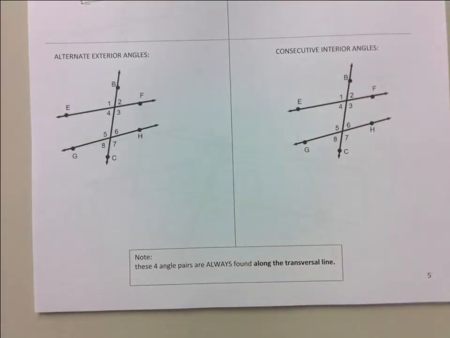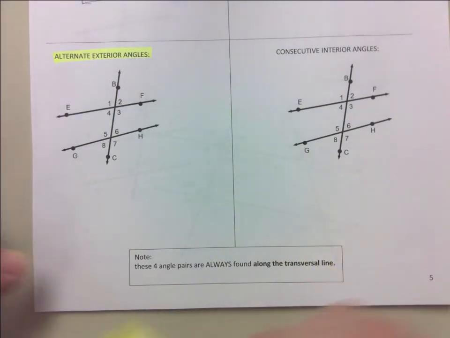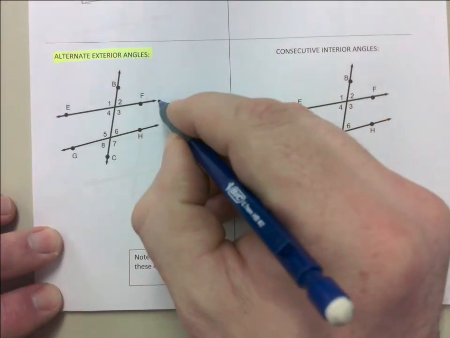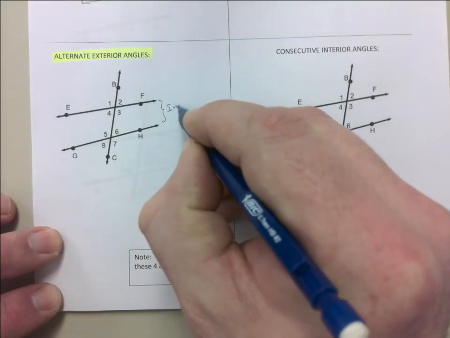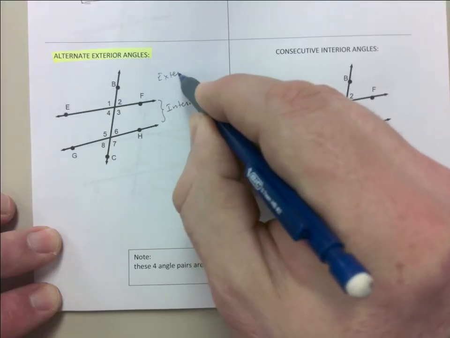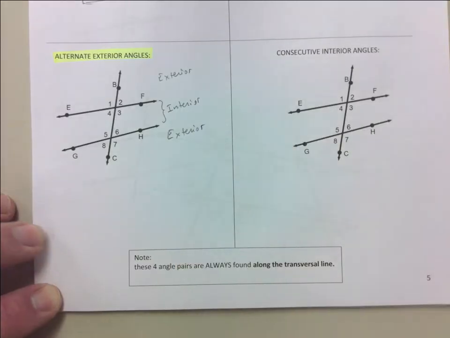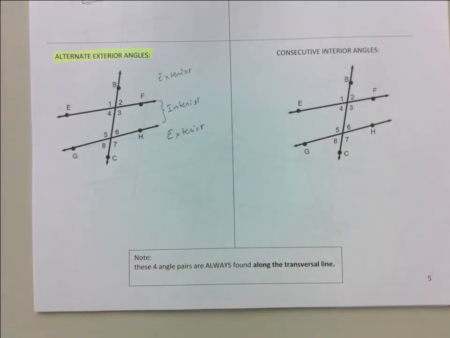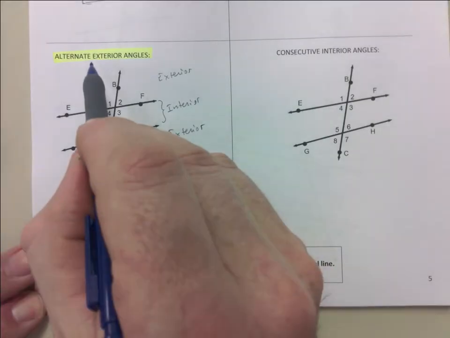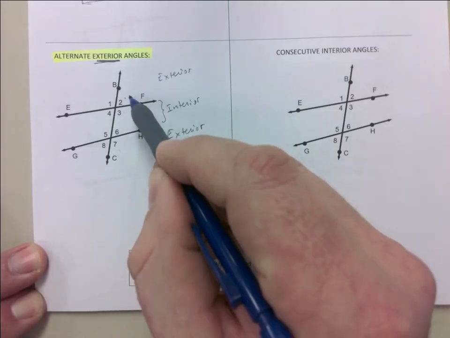Alternate exterior. Okay. Again, this is interior, which means this is exterior. This is exterior. So where are these angles going to be located if it says exterior in the name? They're going to be on the outside. Okay?